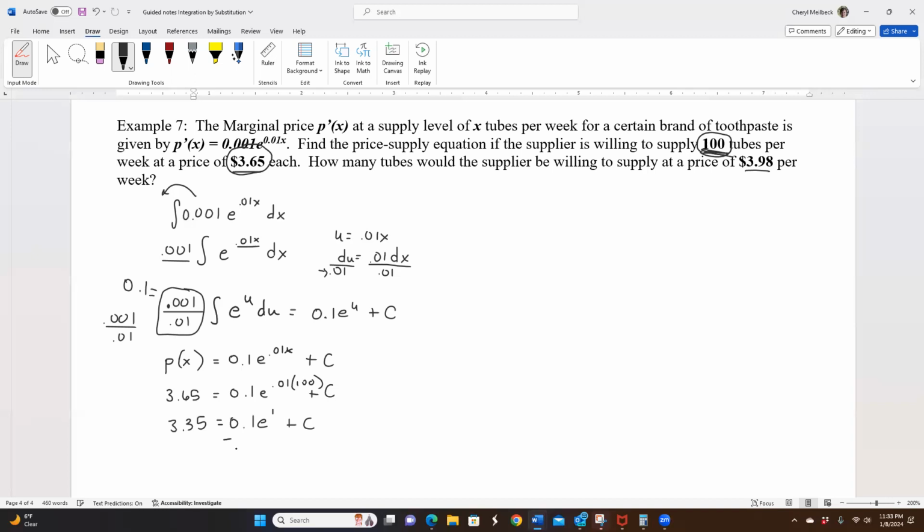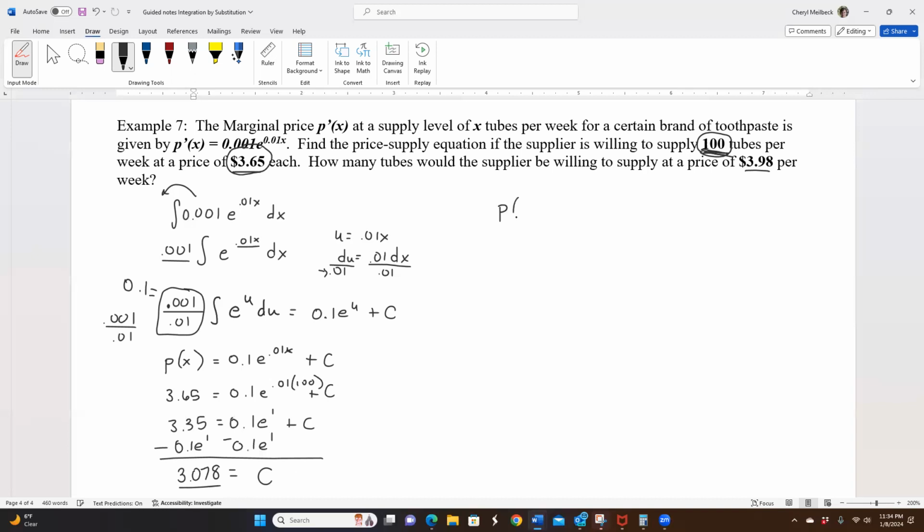If we subtract, we will find out what c is: 3.65 minus 0.1 e, and you get 3.078. Or we'll call that 3.08 because this is a price and we'll round to the nearest cent.